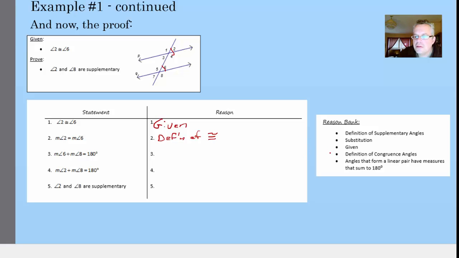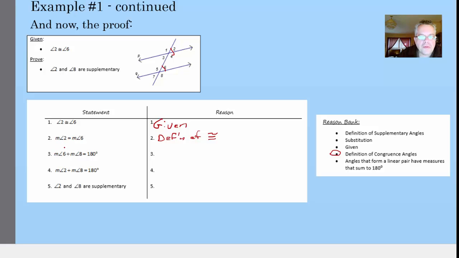It's right here, definition of congruent angles. The reason we need this is we're working with the measures of the angles. We're given that 2 and 6 are congruent, but we have to convert that to a statement involving their measures. That means their measures are equal. Remember, congruence is about shapes, measurement is about numbers.